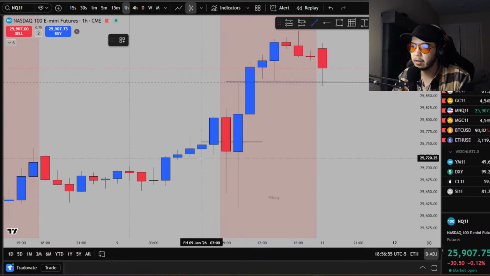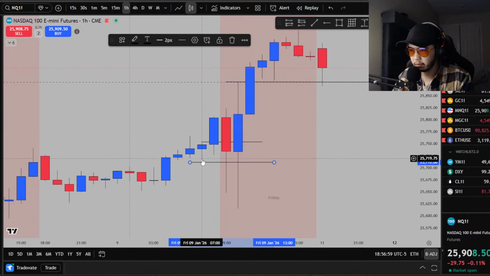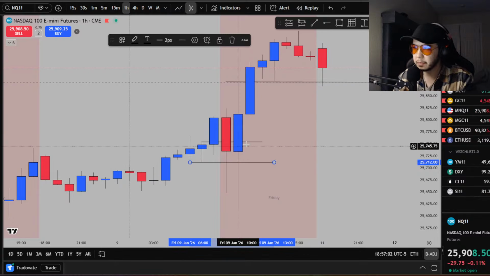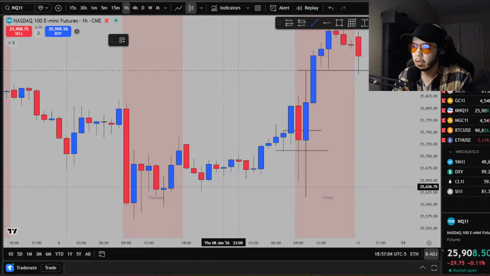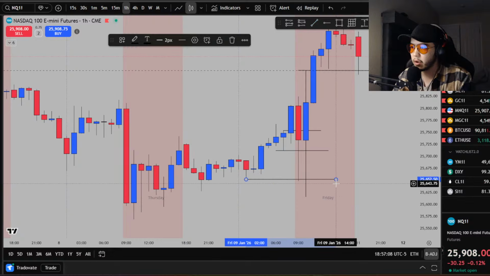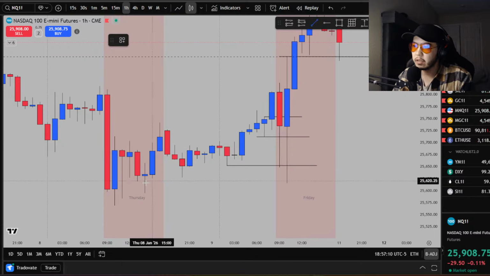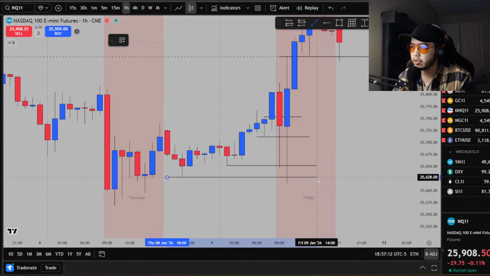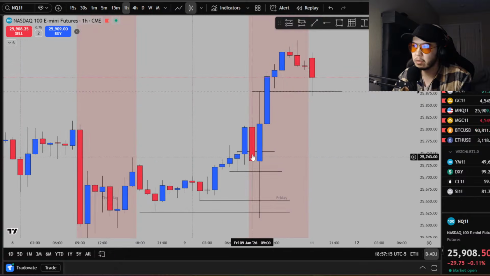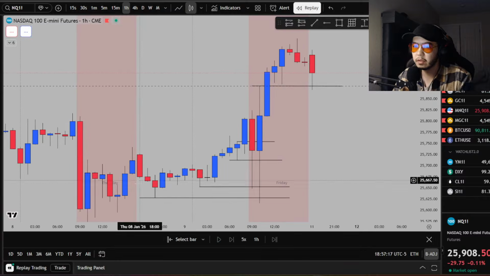I mark that area. I also mark the most recent swing. And if there is a clear London low, I mark that. And if there is a clear Asia low, I also mark that.